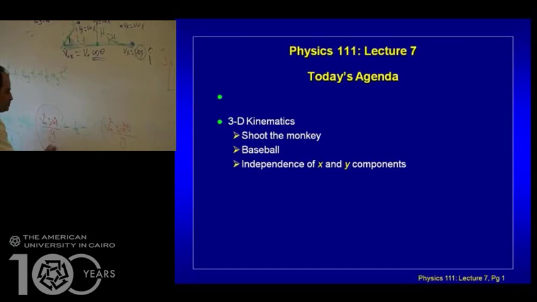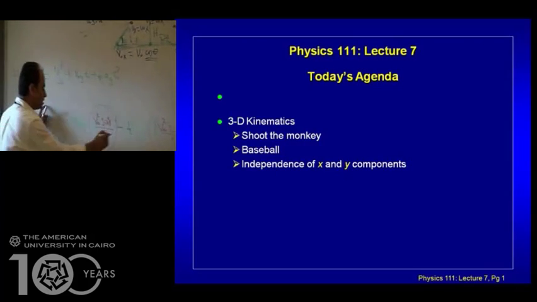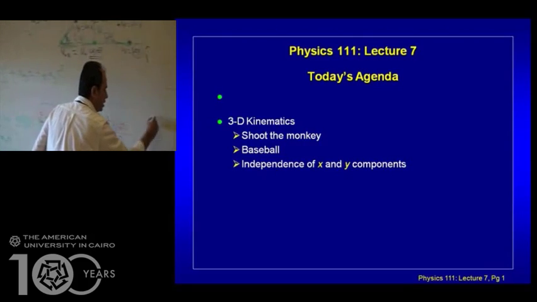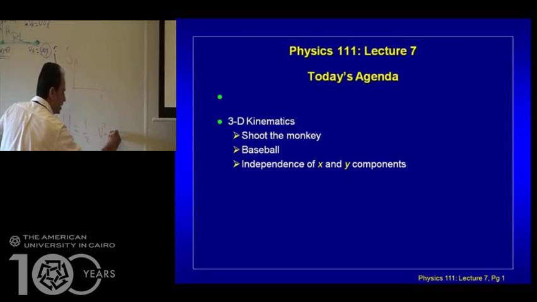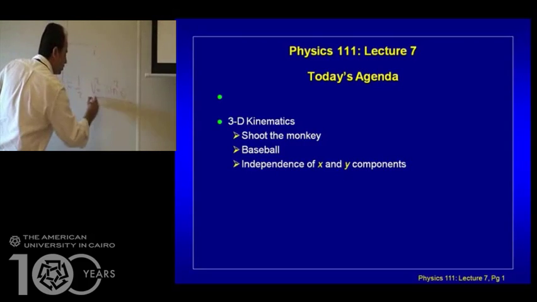A quantity minus its half. X minus half X. So H is going to equal 1/2 V0 squared sine squared theta over G.